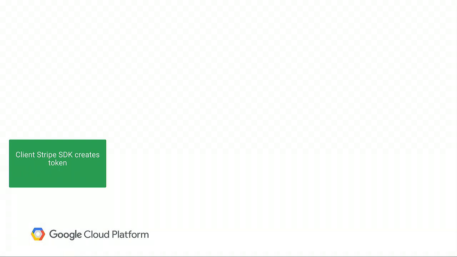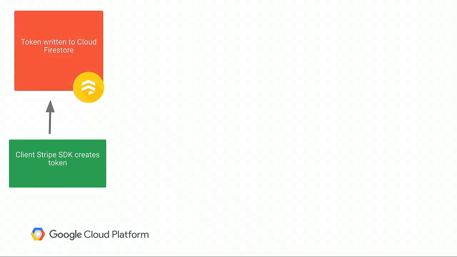So you give, say, a credit card or some other source of information to the Stripe client SDK, and they give you back this token that they identify as the credit card. So it doesn't actually have specific information about the credit card in it, which is nice, because then we can write it to Cloud Firestore without actually storing any of that very sensitive data.